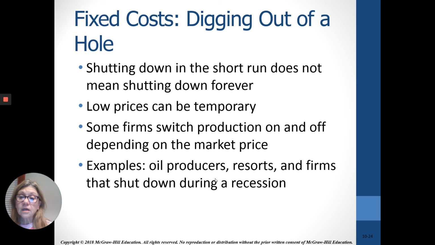Oil producers, some may not be producing right now in March of 2020 because prices are down so low. It just may not be profitable to produce right now, so they're probably shutting some wells. Resorts are closed down certainly now in this coronavirus pandemic, but ski resorts also closed down during the summer, some of them. And then, of course, firms do shut down during a recession or an economic slowdown.